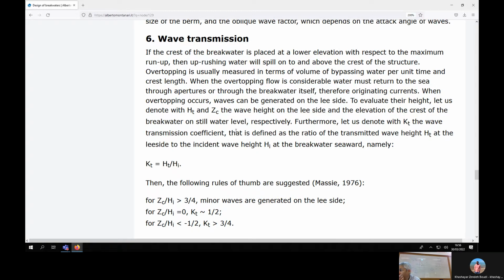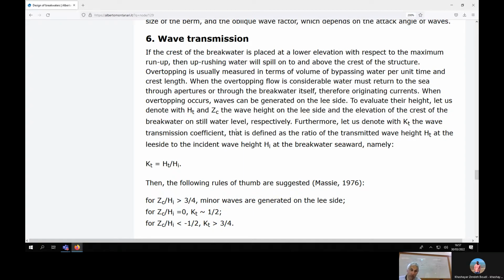So basically, there is another determinant. We denote with ZC the elevation of the crest of the breakwater over still water level.